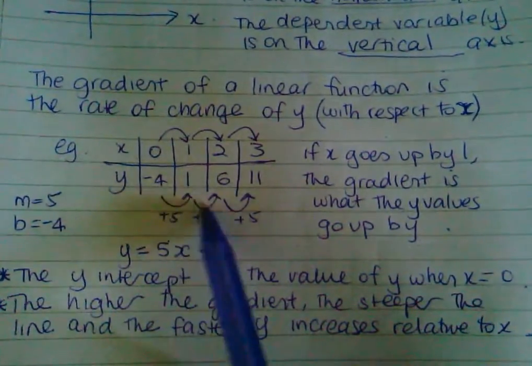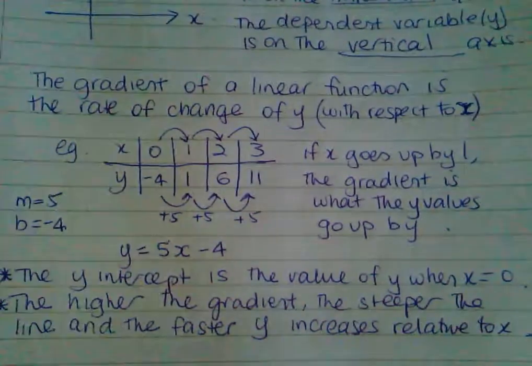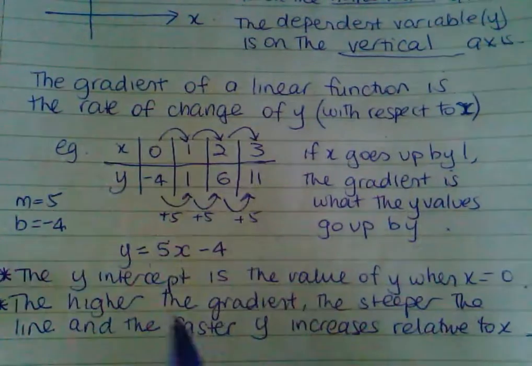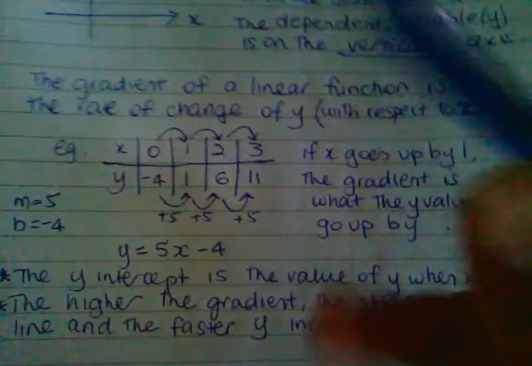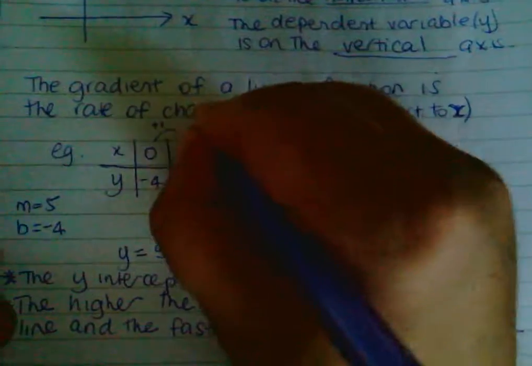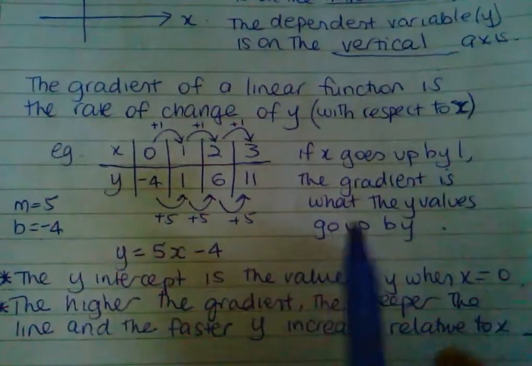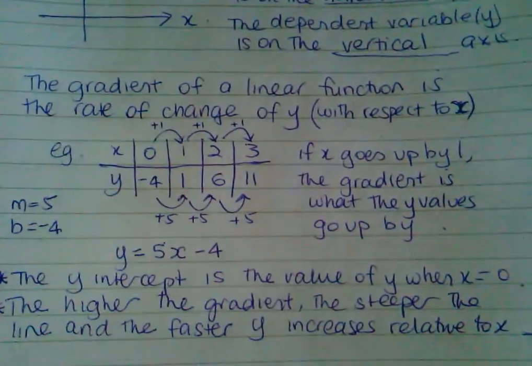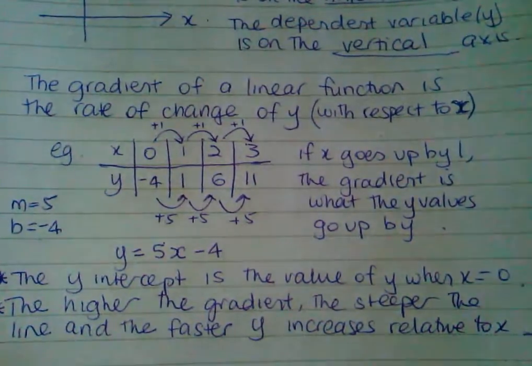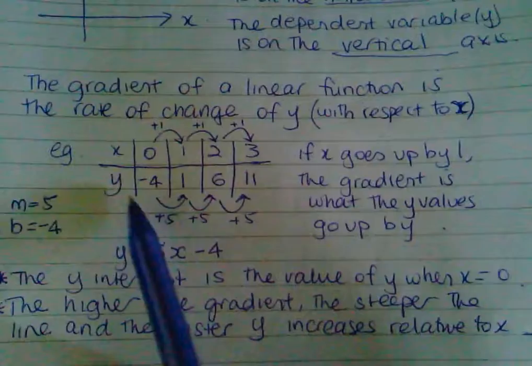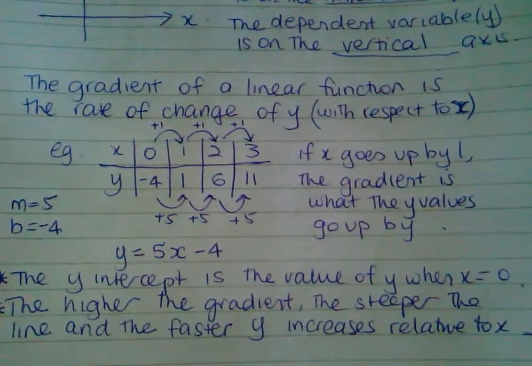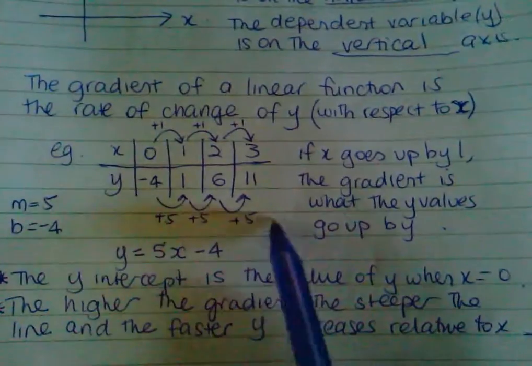Okay? This y is going up a lot faster than the x. And when that happens, see, x is only going up by 1. But the y's are going up by 5. So that's a big gradient if the y is going up a lot faster than the x. But if the x's go up by 1 and the y's go up by 1, then the gradient's only 1. Here the gradient is 5.